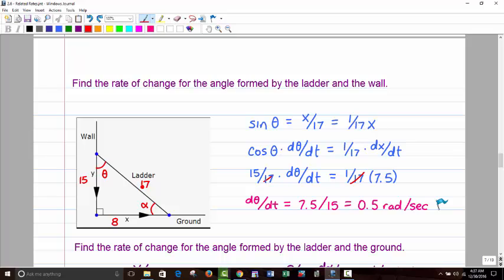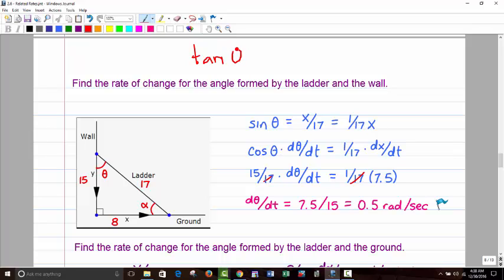That's the best one. I've always been asked, why can't I just use tangent? Well, if you did use tangent, because x and y are both changing variables, you would literally have to write your equation like this. From up at the top, it'd be opposite, which is x, so you have to make it x over y. Which means you get to do a quotient rule, and it's just more difficult. You can still get it right, but it's way more trouble. There are certain problems where the tangent might be useful, but not for this problem.